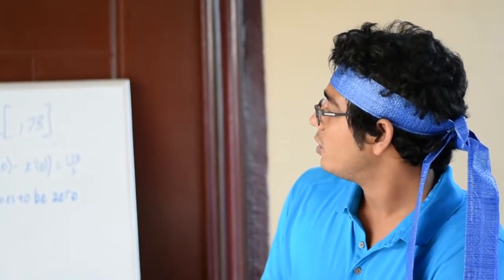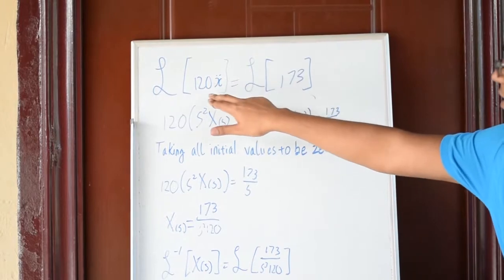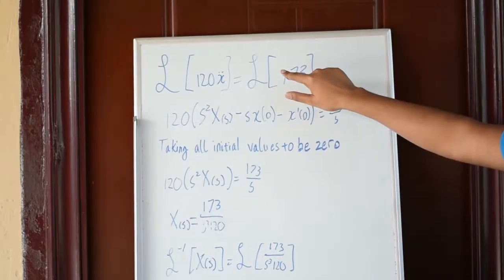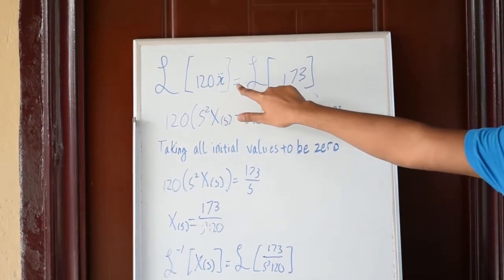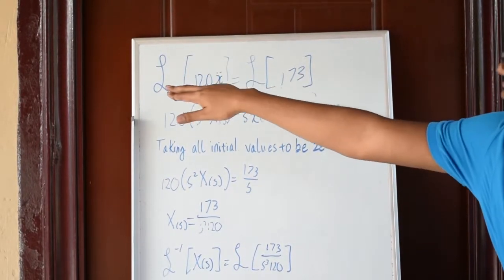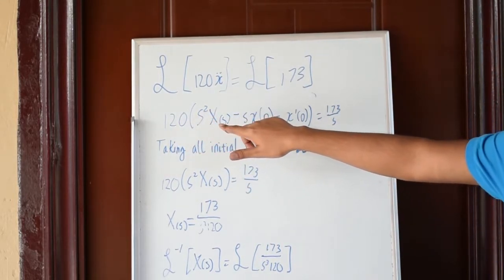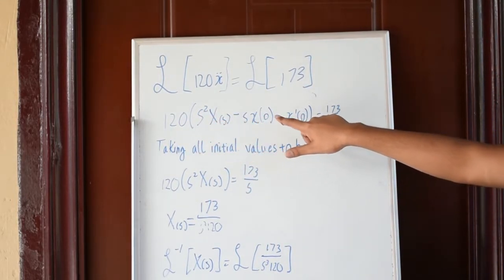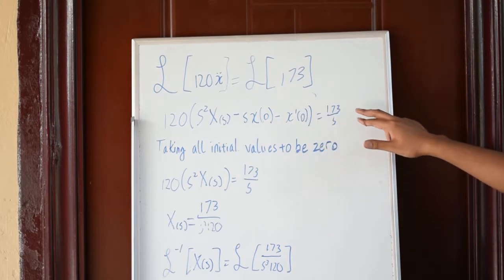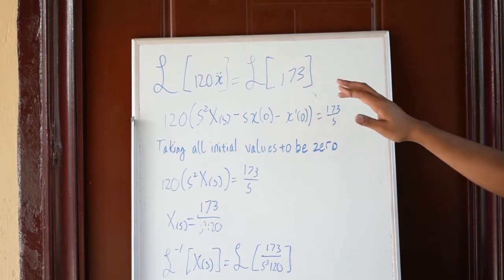Now, moving on, to find the transfer function from this, we find the Laplace on each side. So we find the Laplace of 120 x double dot and the Laplace of 173. So bringing the 120 on the outside since it's a constant, we get 120 times s squared X(s) minus s x(0) minus x prime (0) is equal to 173 over s, because the Laplace of a constant is 1 over s.